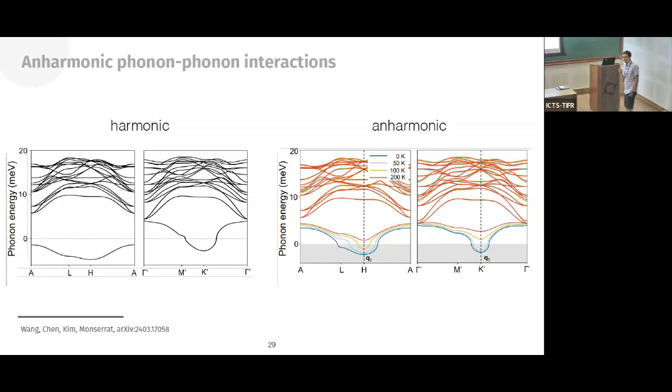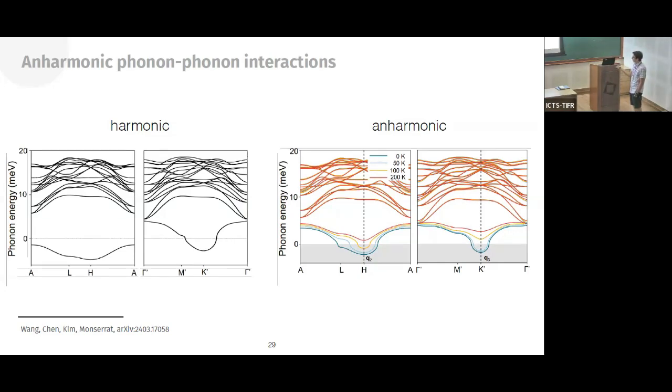The reason why that's different from the harmonic approximation is because I do take into account quantum fluctuations, and that can make a difference. Well-known examples could be the quantum paraelectrics and so on. And in this case, it does make a difference. For example, the instability at the A point that is predicted at the harmonic level goes away entirely, even at 0 Kelvin. So again, that somewhat limits the problem.